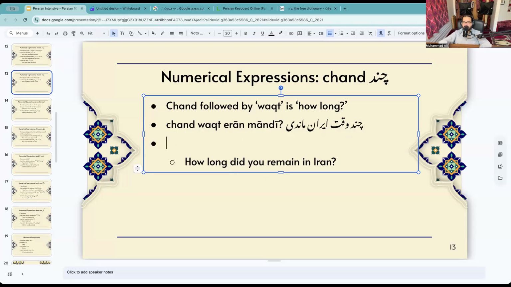And actually, I'll even transliterate this in Iranian Persian. So this is classical Persian to avoid being biased, but this is what we would say in Iran. Chan vacht Iran mandi. So in classical, it would be chan waqt Iran mandi, chan vacht Iran mandi in Iranian Persian.